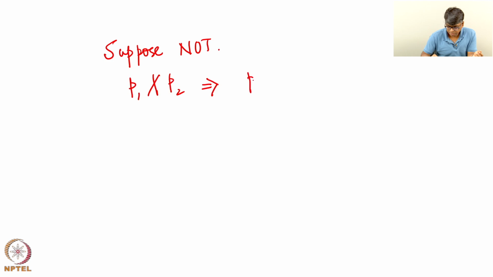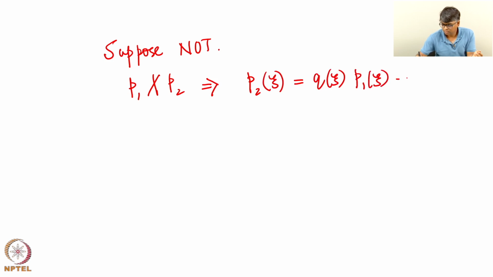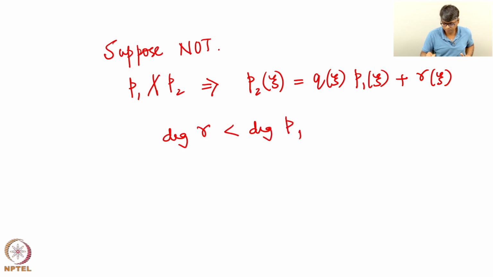I can write p2 xi as some q xi times p1 xi plus r xi. This is Euclidean division with remainder, such that the degree of r is strictly less than degree of p1. Okay? Now, I will get rid of the xi's. Just write p2 equals q times p1 plus r.